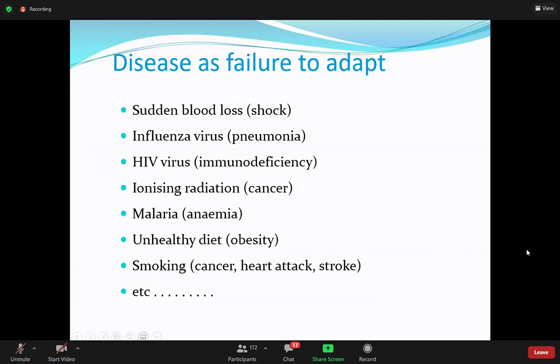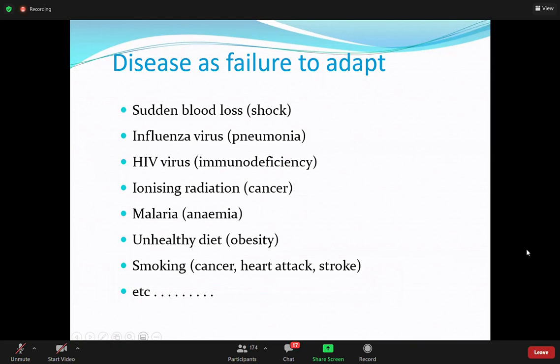Malaria, if you don't treat it in proper time, may cause severe anemia. An unhealthy diet, as we were discussing, causes obesity, and ultimately coronary heart disease. Smoking: having one or two cigarettes probably doesn't do anything, but if the person is having one or two packets a day, this is a huge amount.